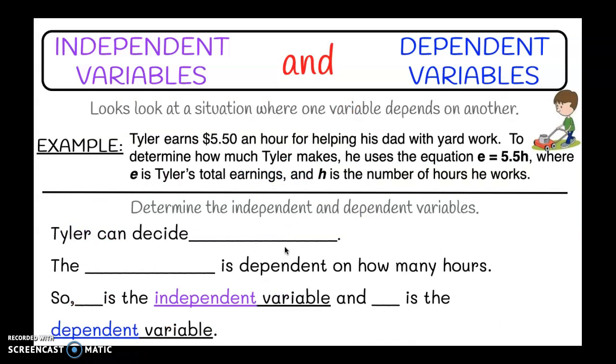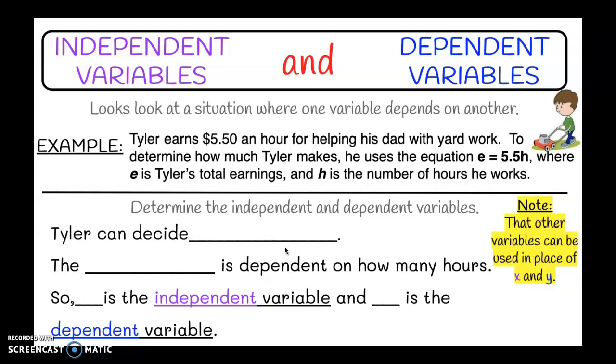Let's look at a situation where one variable depends on another. So here's my example. Tyler earns $5.50 an hour for helping his dad with yard work. To determine how much Tyler makes, he uses the equation E equals 5.5H, where E is Tyler's total earnings and H is the number of hours he worked. So you probably have noticed I haven't used x and y here.